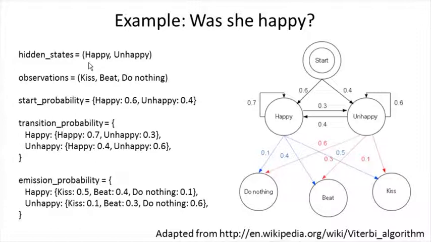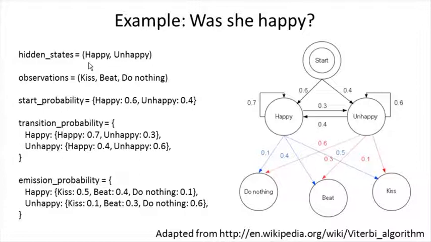If she was happy the previous day, she will be happy with a probability of 0.7 and unhappy with a probability of 0.3, and similarly for unhappy. This is the transition probability.